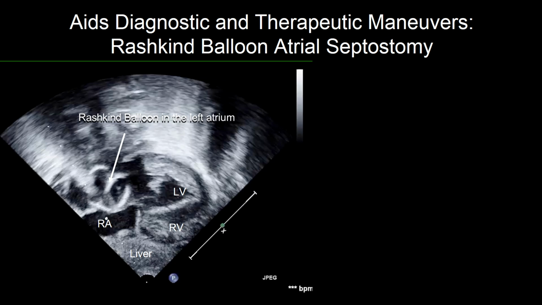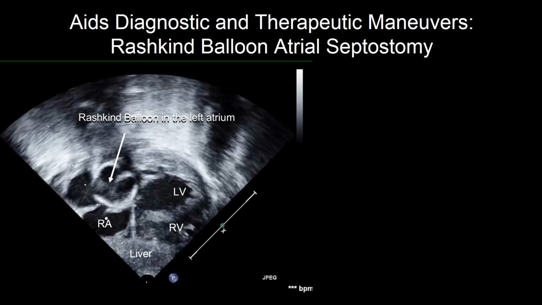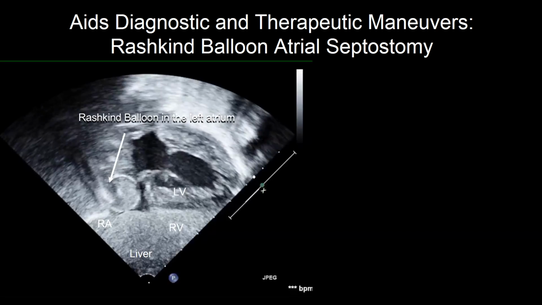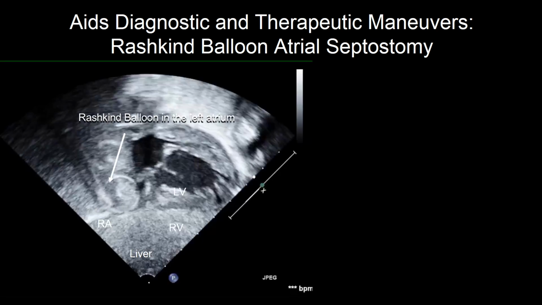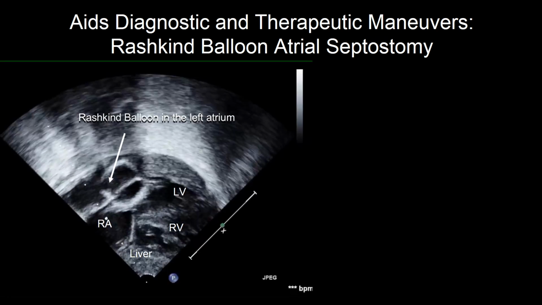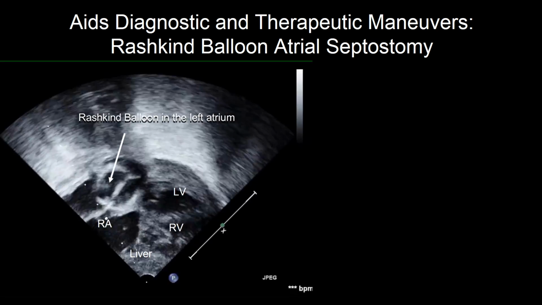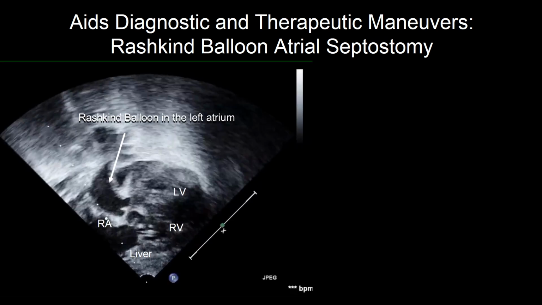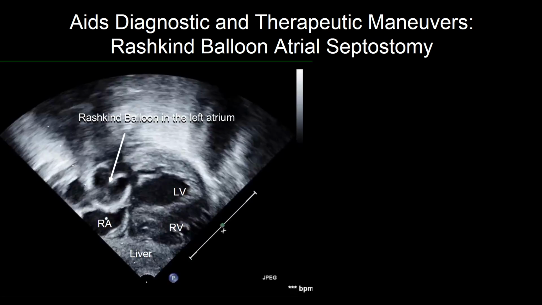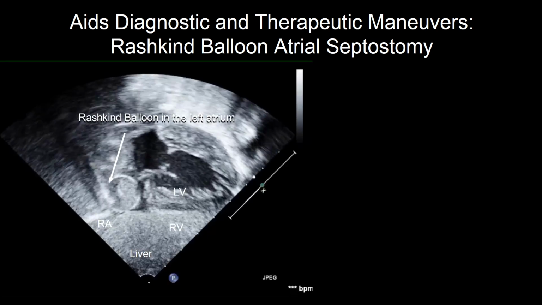Now lastly, I have on here the use of what has become a therapeutic technique, so that not only has ultrasound been involved in monitoring issues, but it can be used as a guide, and in many places in the world, especially the ones I have worked at, this is done on a routine basis.